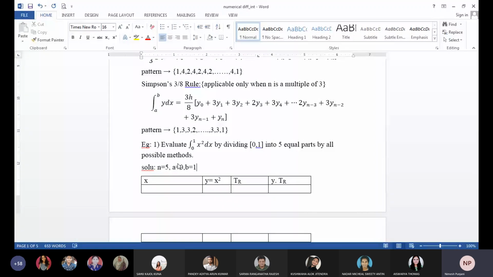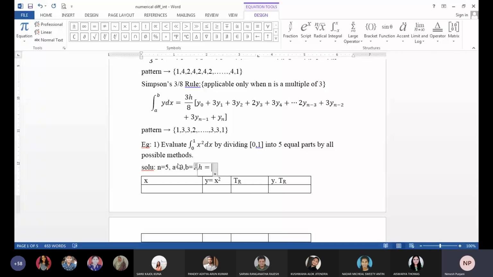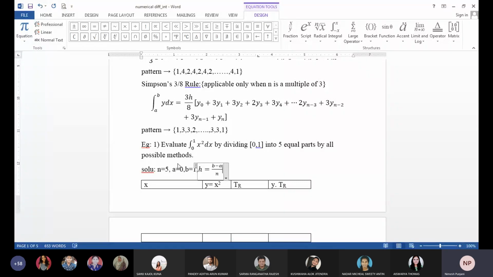A means lower limit, b means upper limit. Then we have to find out h. H will be b minus a divided by n. So this gives me 1 upon 5.